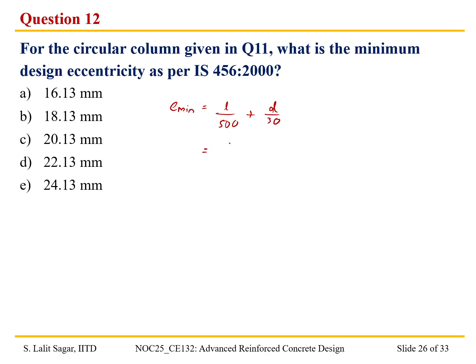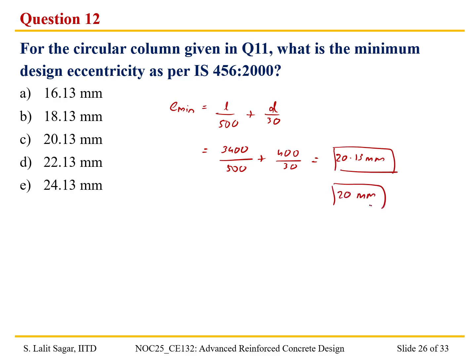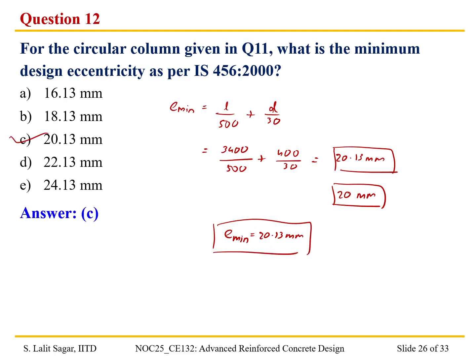So that is how much? 3400 divided by 500 plus 400 divided by 30, which gives us a value of e min as 20.13. So it has to be either 20.13 mm or 20 millimeter, whichever is greater. So we'll take the minimum eccentricity as 20.13 mm. So option C is the correct response.